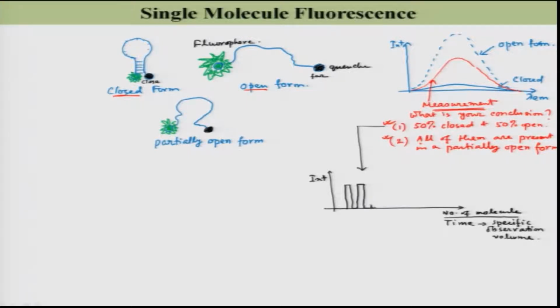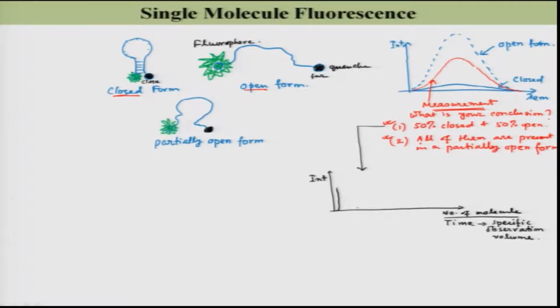But when the third one enters, the fluorescence intensity is probably less, because it is now the closed form which is entering. So I should redraw it properly.